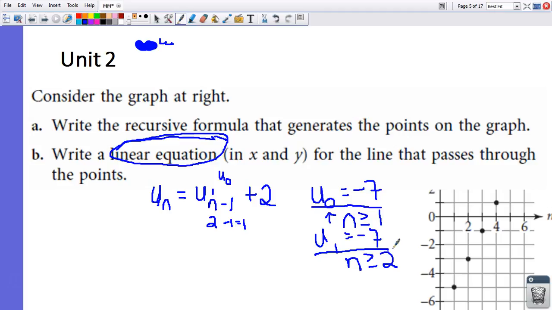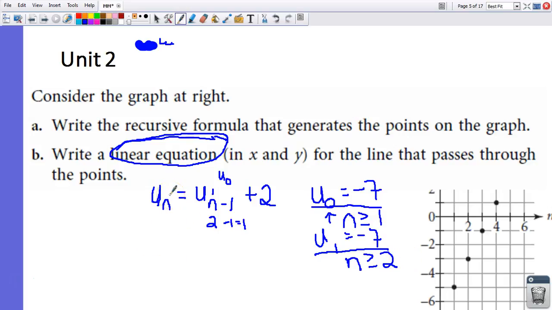I don't think it asks you that part specifically, but if you don't have it, it's not going to be a correct equation. So u sub n equals u sub n minus 1 plus 2, where u sub 0 equals negative 7 and n is greater than or equal to 1, or u sub 1 is equal to negative 7 and n is greater than or equal to 2.